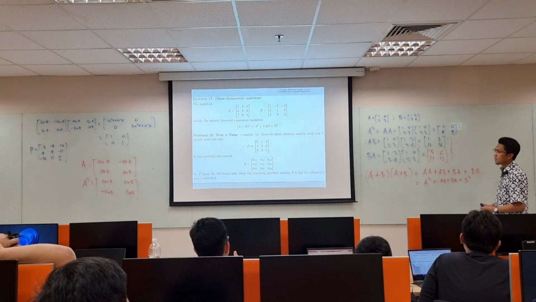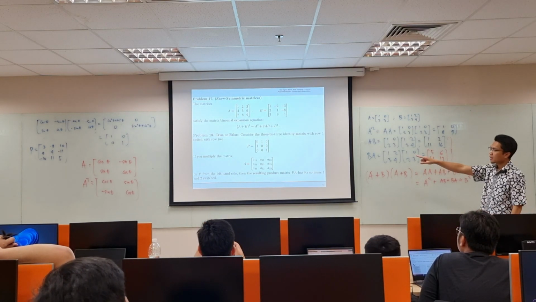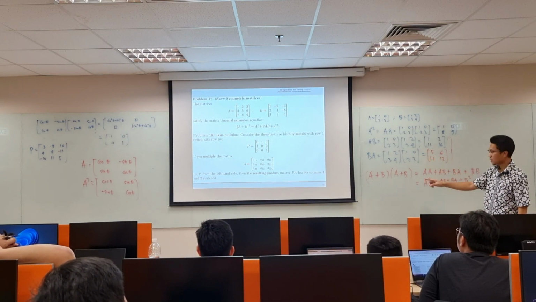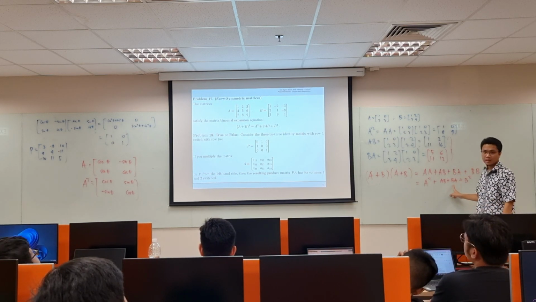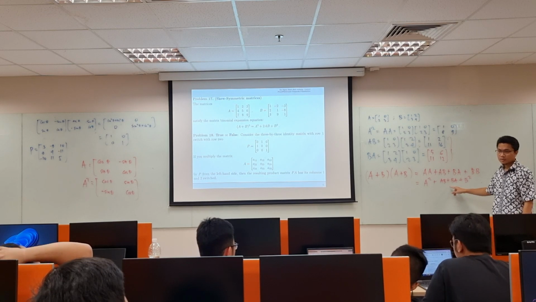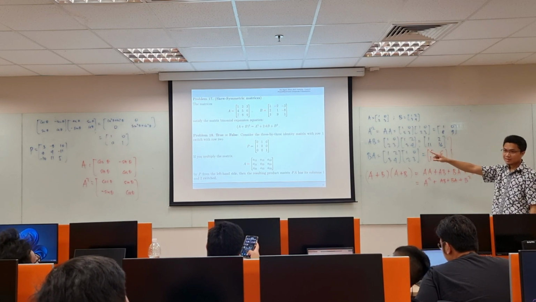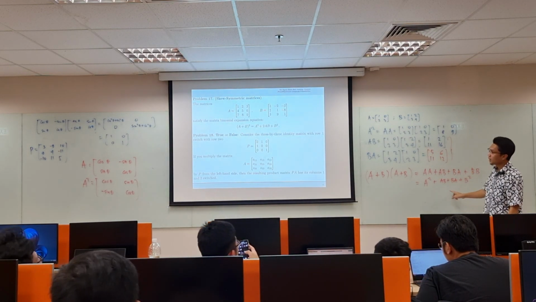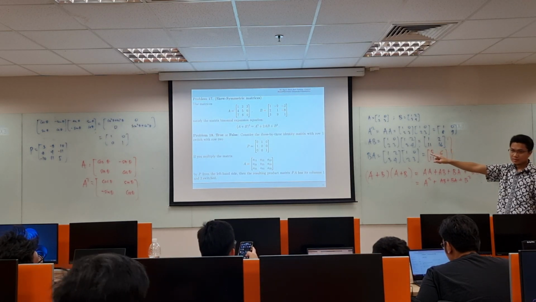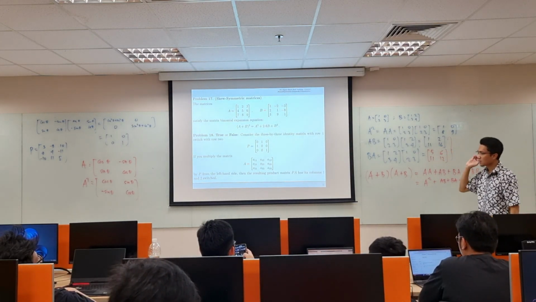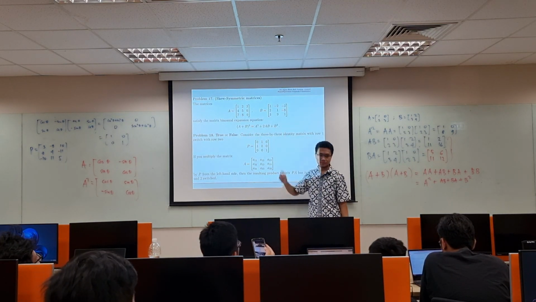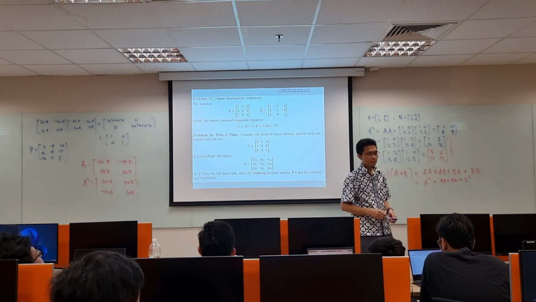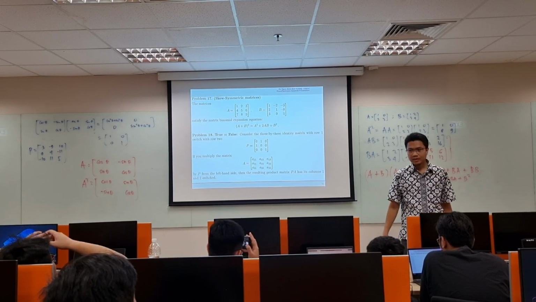The problem is that it says 2AB. So the right side says AB equal to BA. So you just have to check that. Is AB equal to BA or not for that matrix? If it is the same, then this is true. Any question?